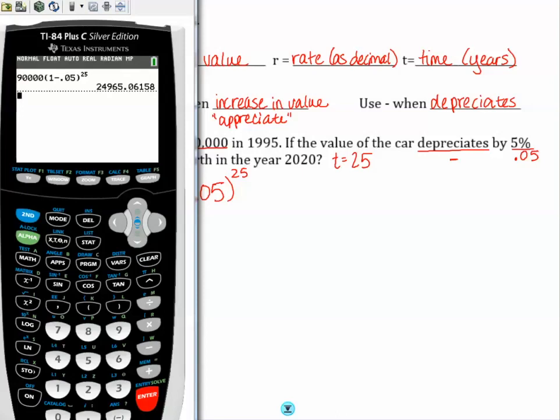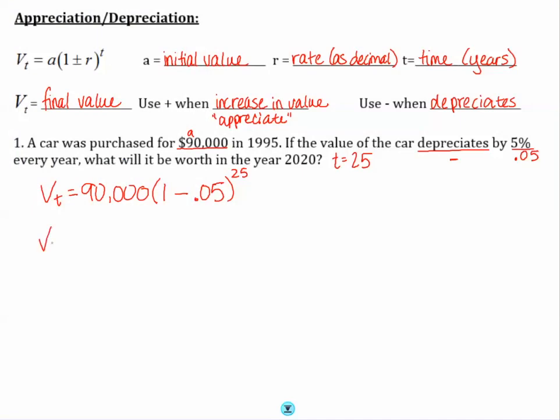And since we're dealing with money, we're going to round to 2 decimal places and make sure you put the dollar sign out front. So our final value is $24,965.06.